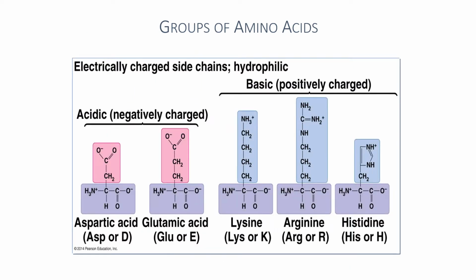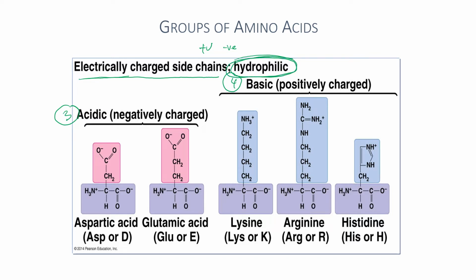The next group of amino acids is acidic amino acids and basic amino acids. These are amino acids that have an electrically charged side chain. Because the side chain has charges, either positive or negative, this allows the amino acid to be hydrophilic.